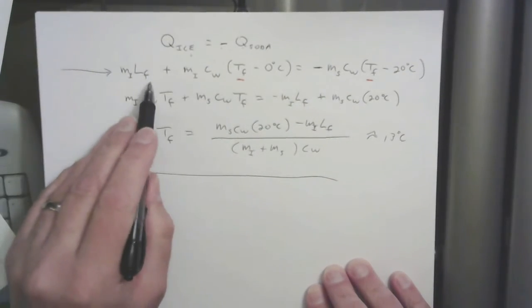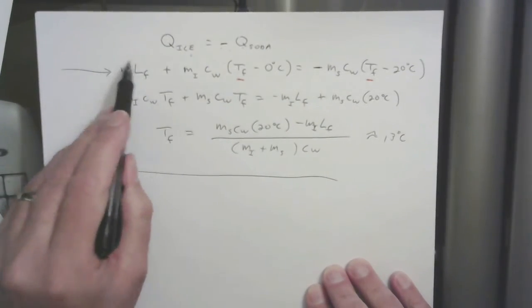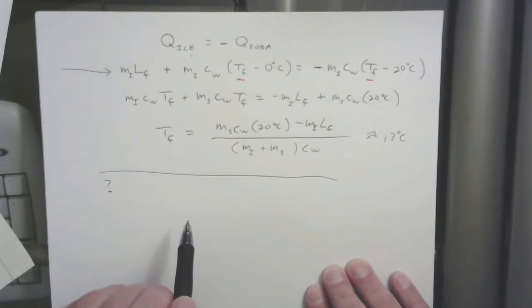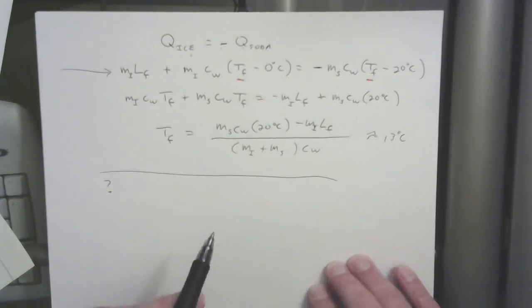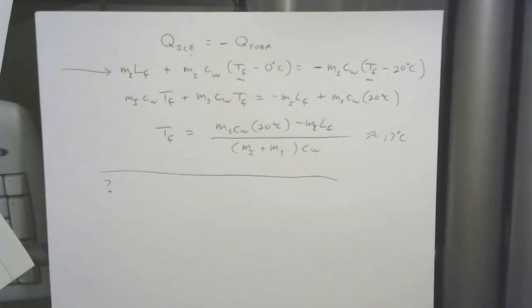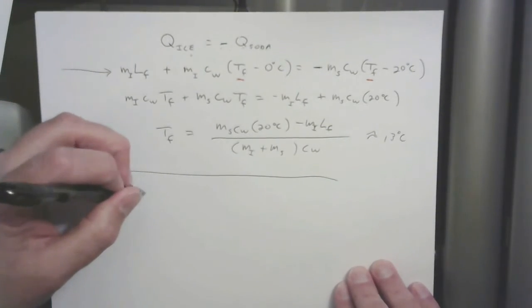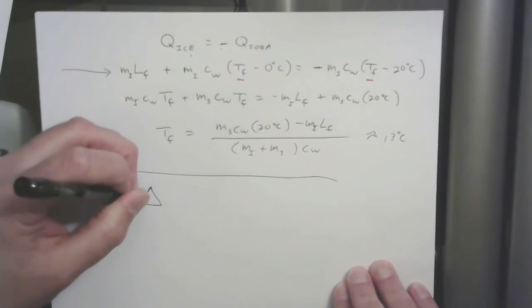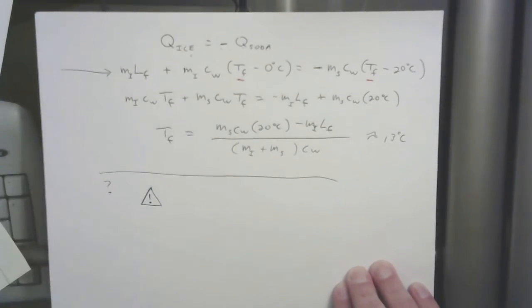You can't just say that all of that latent heat is going to be used up. And there might be ice left over. You might have too much ice and it won't even all melt. So be careful. So let's do that warning symbol with the triangle and the exclamation point there.